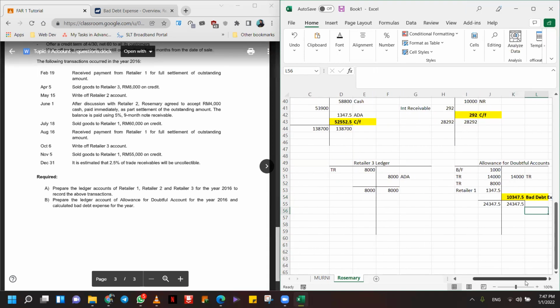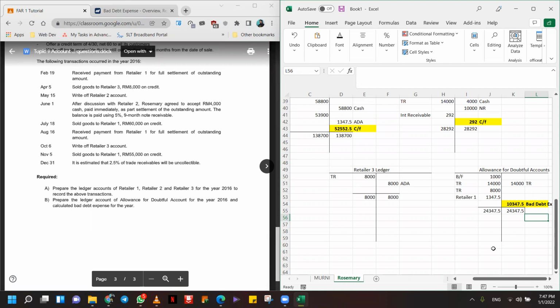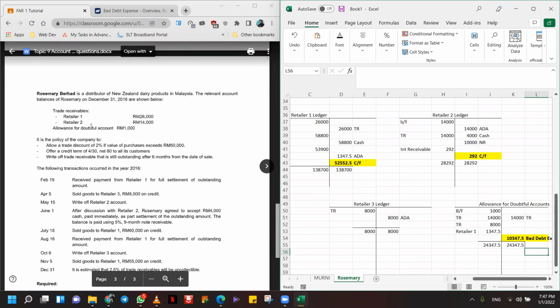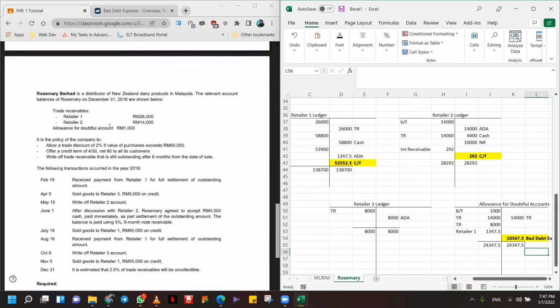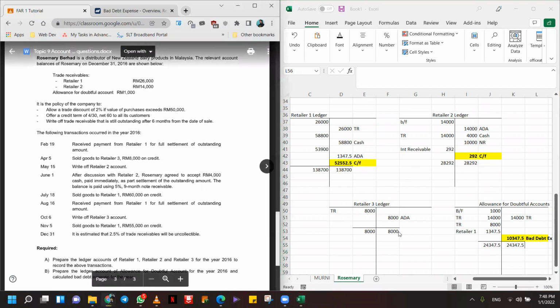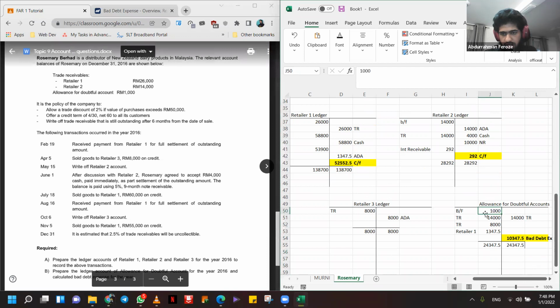Why is 1,000 not on the right side for brought forward? 1,000. Just one moment. Oh yeah. Actually, that should be on the other side. 1,000.